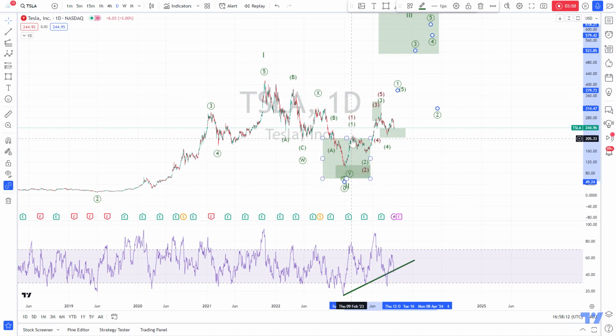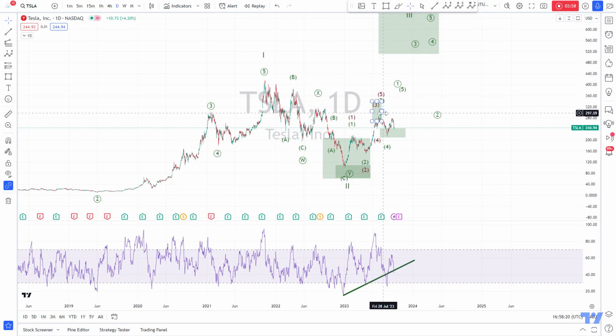I believe we did a wave 1 here, then a wave 2 retracement. We had a wave 3 here. This is a very nice rally. Then, as forecasted in my previous video, we had a wave 4 down. And so I believe there is still a wave 5 to come that should finish this wave 1 here.